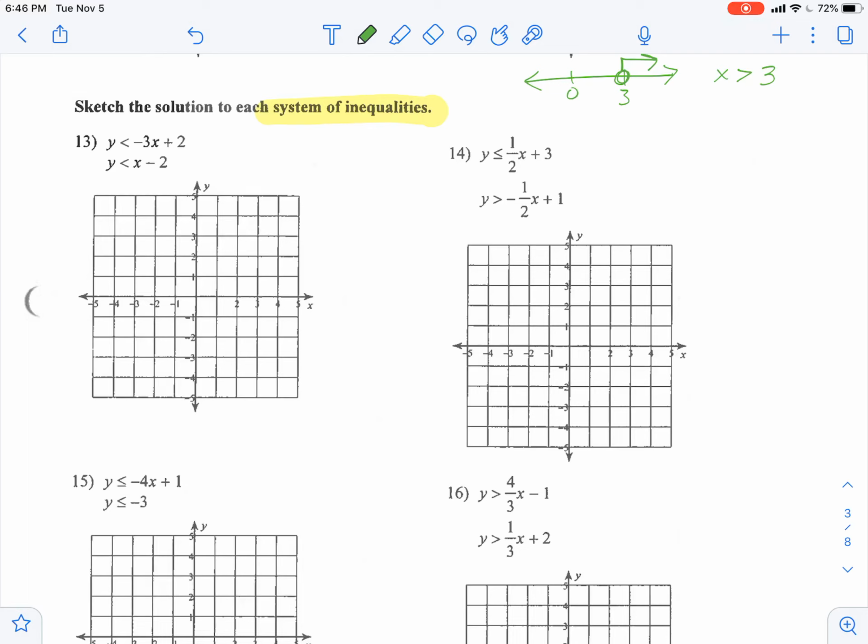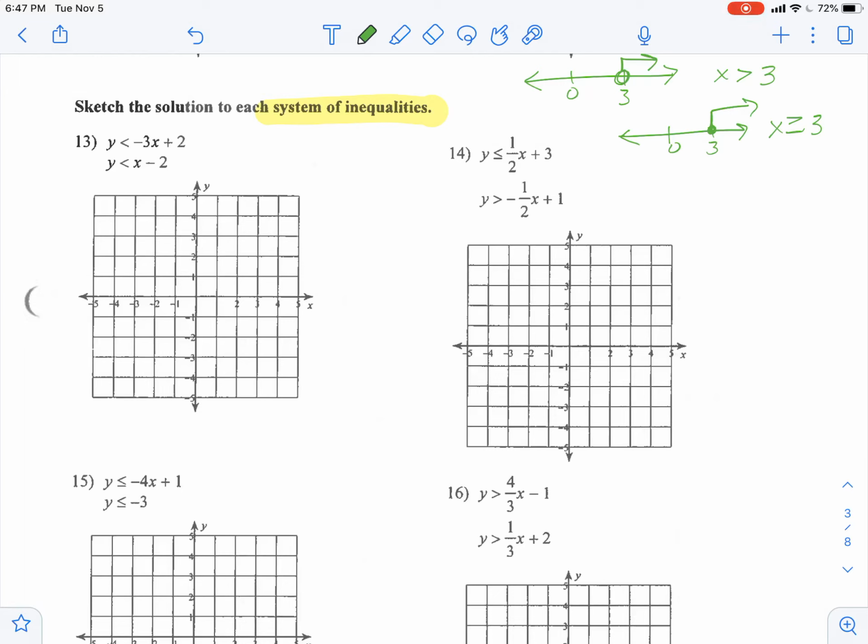If I have x is greater than or equal to 3, then I'm going to put a closed circle on 3 and my arrow will go to the right. So what we're going to be looking at on these is not a number line, we're looking at the coordinate plane. So we're going to be graphing a line instead.